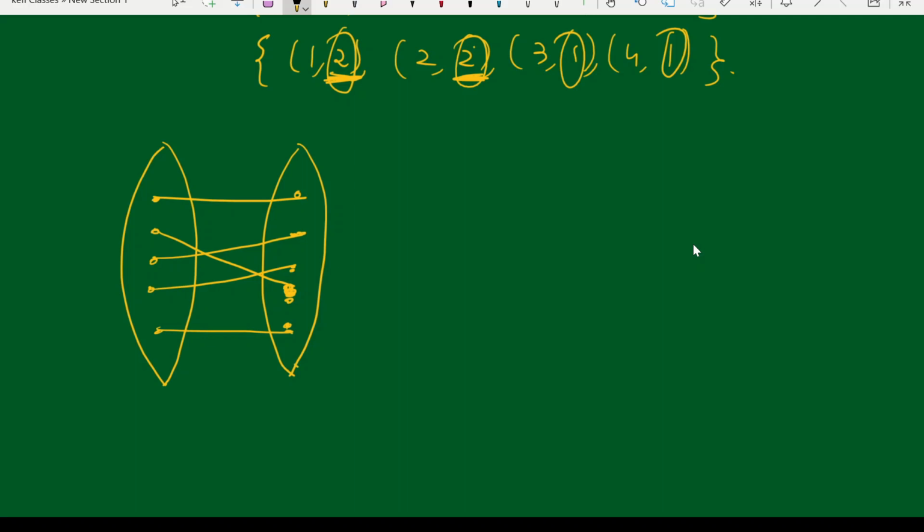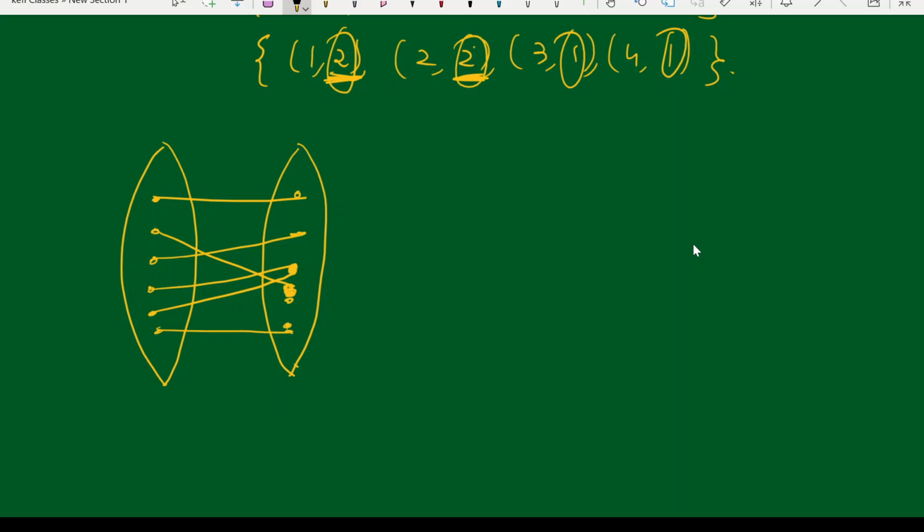Okay. Now, is this a function? Is the diagram a function? Does it represent a function?